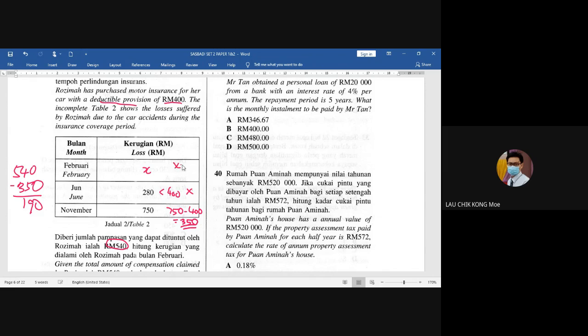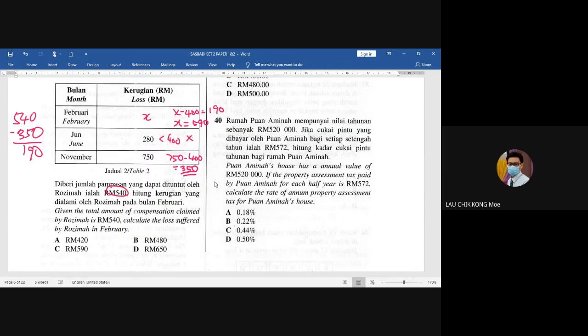X minus 400, and this one equals to 190. So what is the total of loss in February? 590. So maksudnya bulan Februari dia punya accident dia rugi 590 ringgit lah. C.